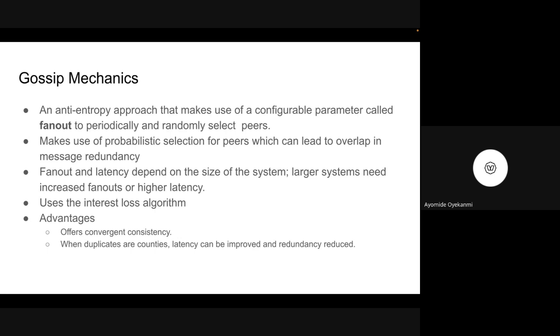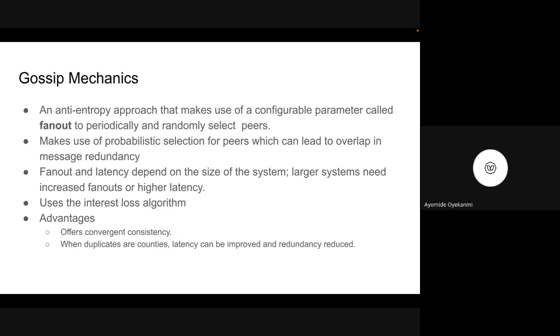So fan out is the number of nodes that each node can send to. The probabilistic way of choosing pairs would be an implementation detail, but the idea is that a node would have a group of pairs that it can send to, and this group of pairs can change depending on some factors, which would also be an implementation detail.